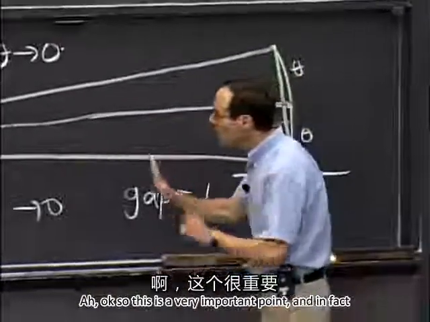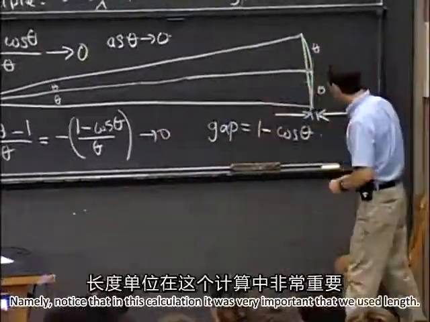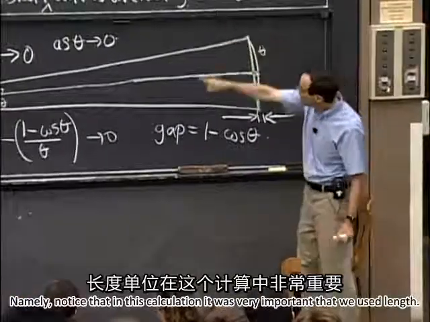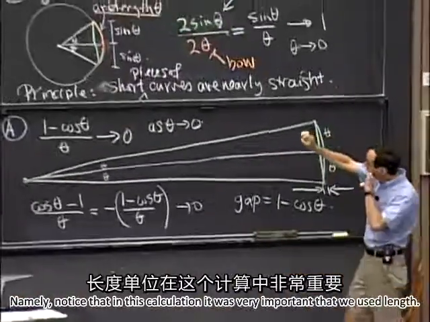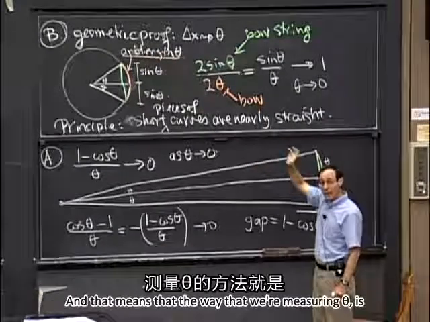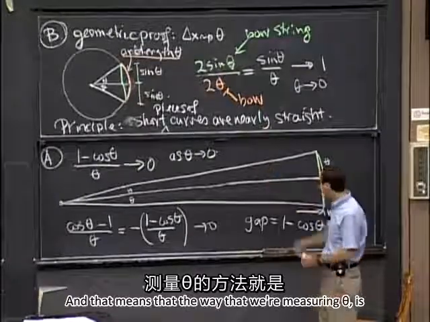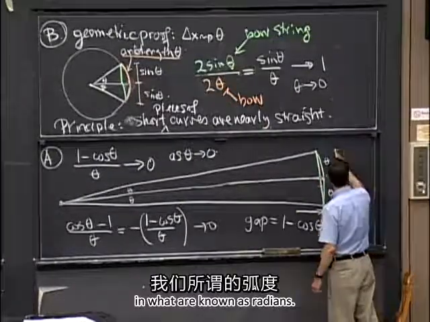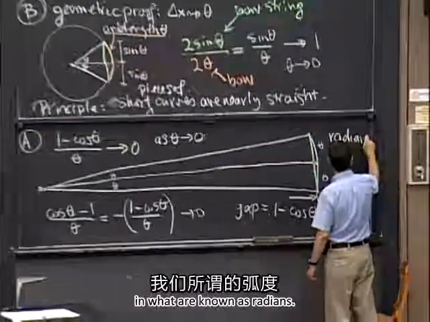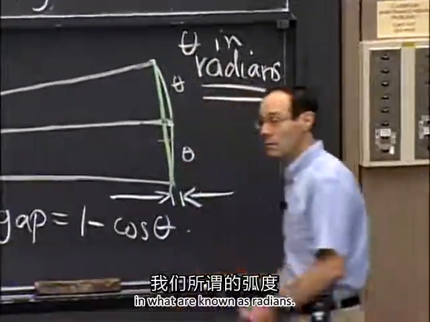Okay, so this is a very important point, and in fact, it's the very next point that I wanted to make. Namely, notice that in this calculation, it was very important that we used length. And that means that the way that we're measuring theta is in what are known as radians. All right?